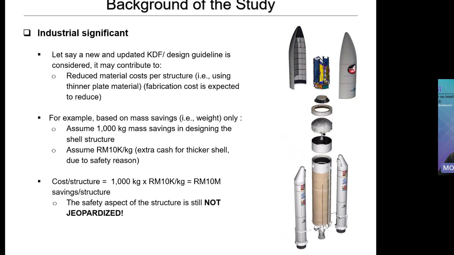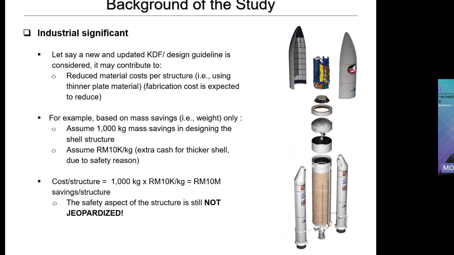So the fabrication cost is expected to be reduced. For example, in terms of weight, assume that we get 1,000 kilograms of mass saving in designing the shell structure, and we presume that it costs about RM 10K per kilogram of extra cash for a thicker shell due to safety reasons.